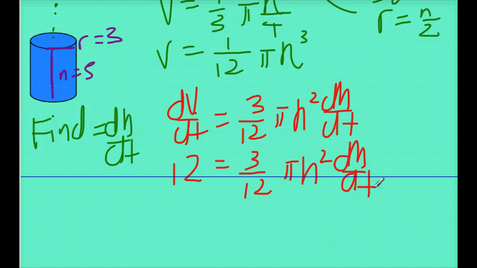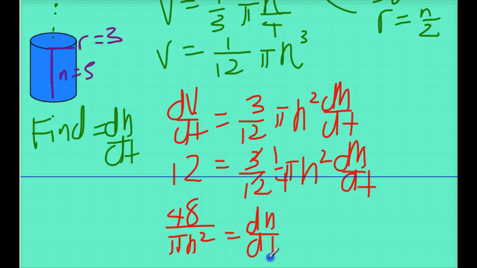So what I'm going to do now is just solve for this dH dt. And what I get is, this will become a 1 over 4. So if I move everything over, I get 48 over pi h squared is equal to dH dt.